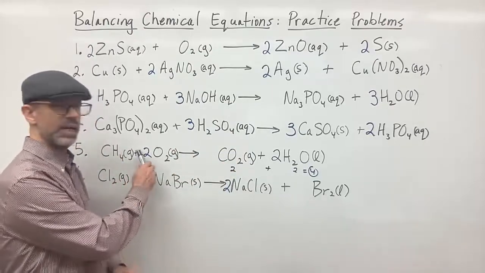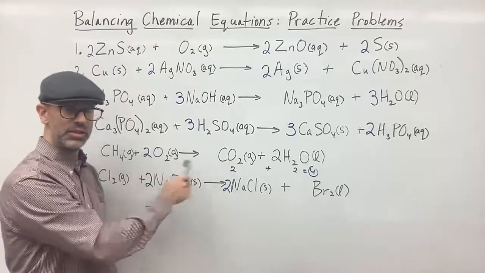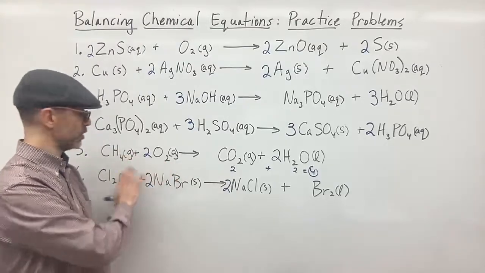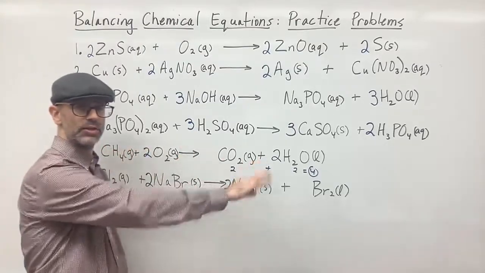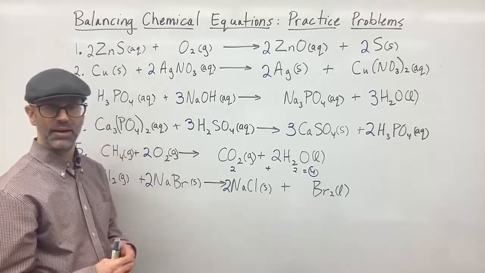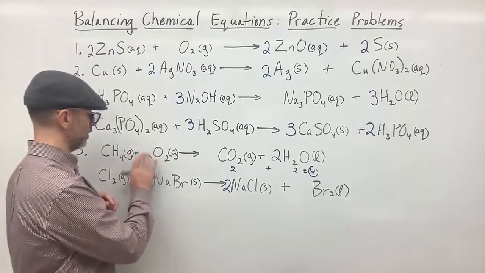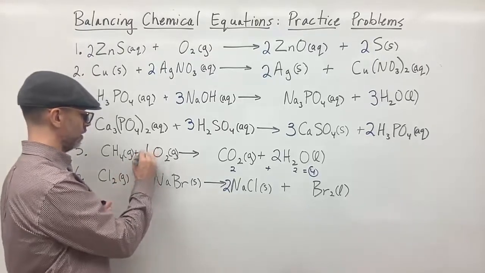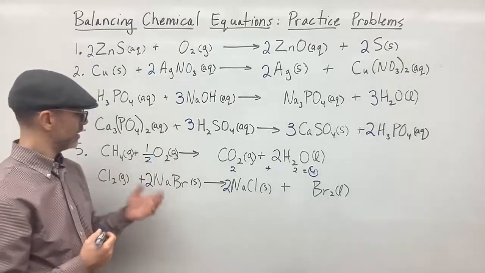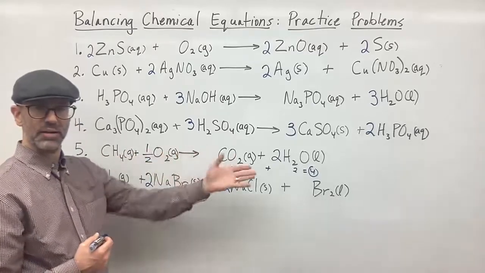So sometimes it's easier to write a fraction in order to balance the equation, and that's okay as long as you get rid of the fraction by multiplying the whole equation by a factor that will get rid of that fraction.